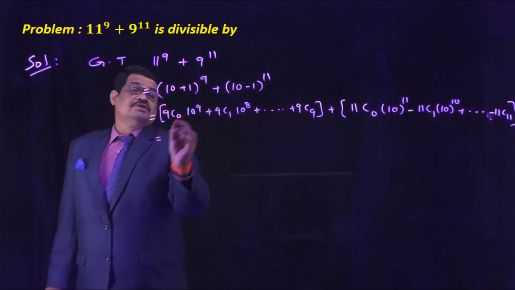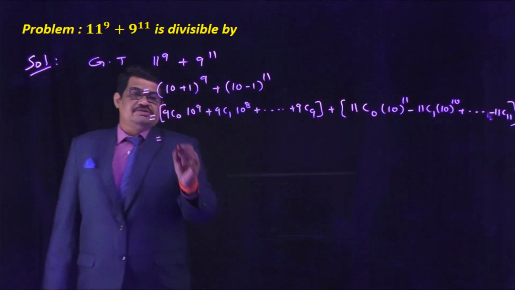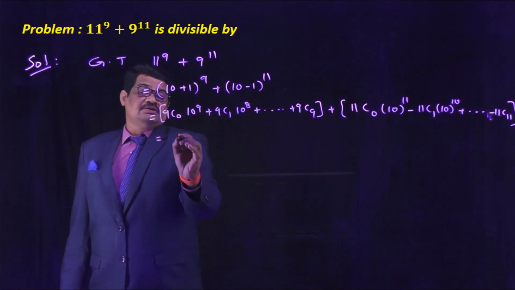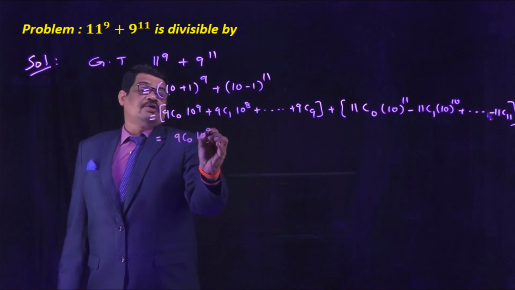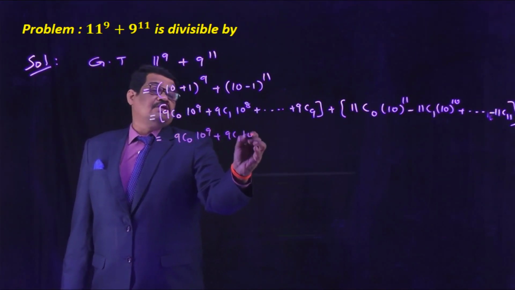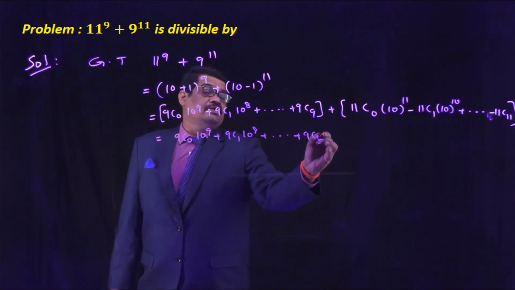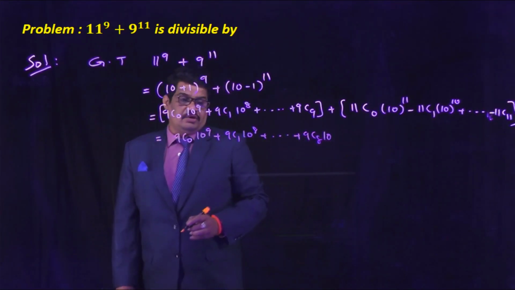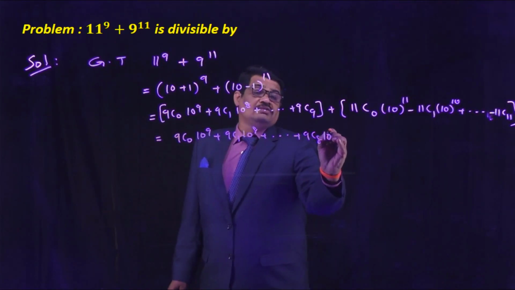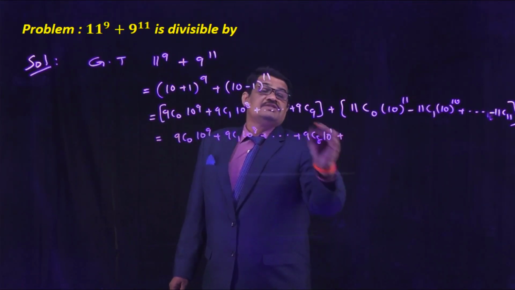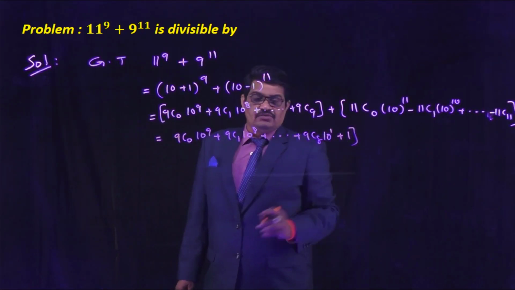That is 9c0 10 to the power of 9 plus 9c1 10 to the power of 8 and so on, 9c8 10 to the power of 1 plus 9c9, that is nothing but 1.